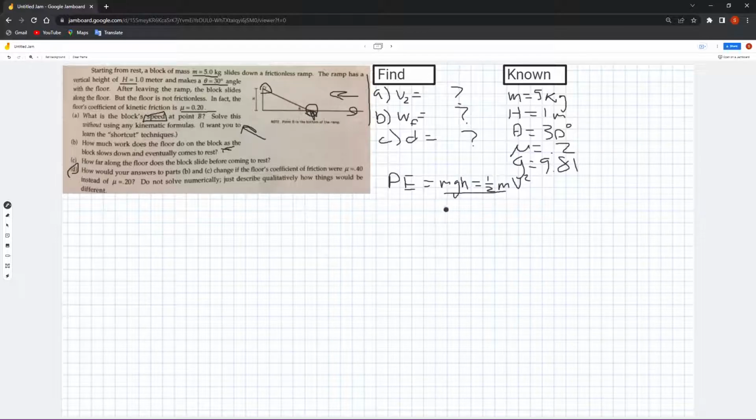Now we can solve, because what we want is to get V isolated.